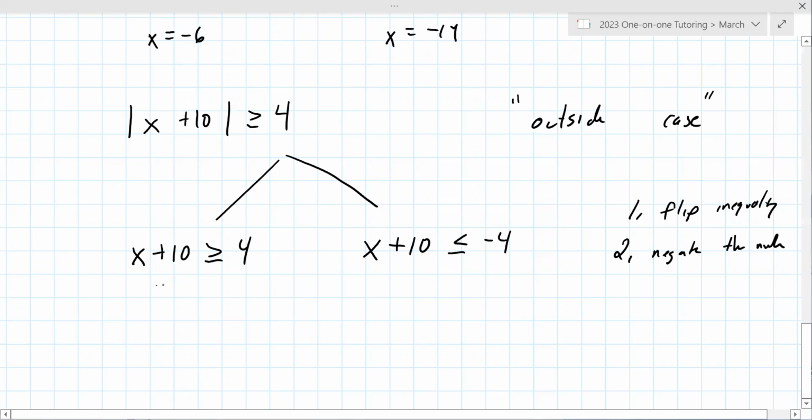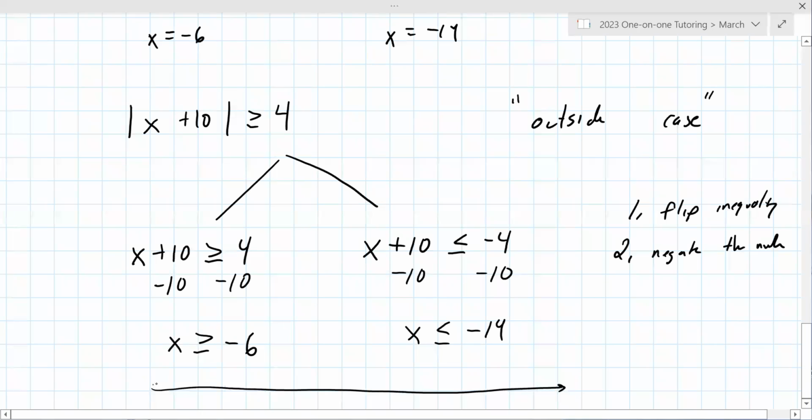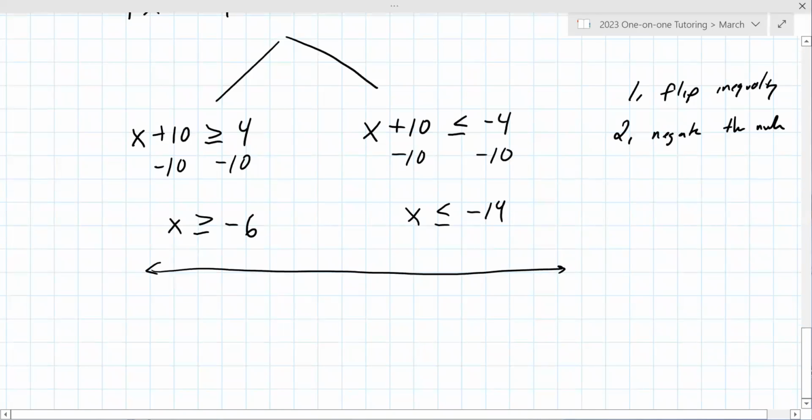You're going to subtract 10 from both sides of the equation. So you have x greater than or equal to -6, x less than or equal to -14. So on a number line, here's what this looks like. You've got to be careful about where you put the numbers. -6 is more to the right of -14.